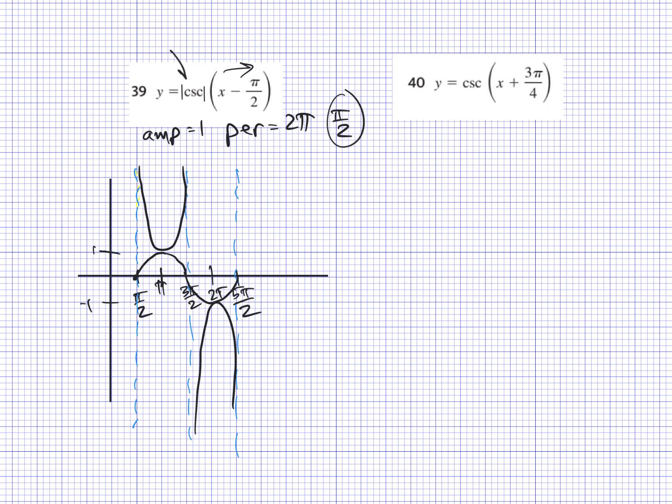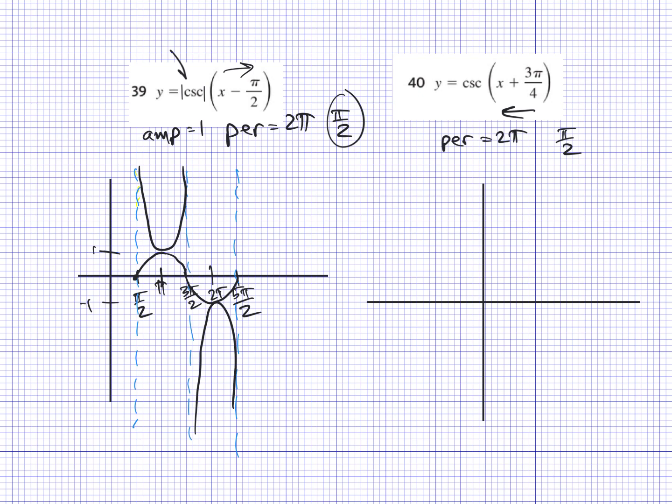All right, let's move on to number 40. So we're going to move to the left by pi over 4. Our period is 2 pi again. And then we will divide that into fourths, so pi over 2. So nothing's really changed, but we're shifting to the left. All the way to the left, we're going to shift through to -3 pi over 4.